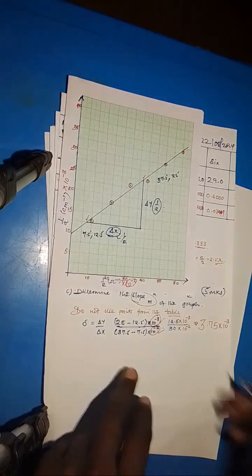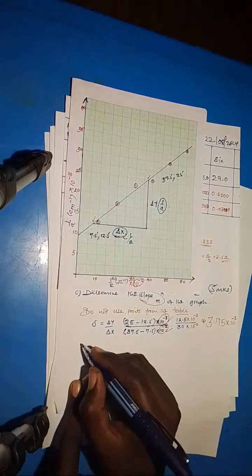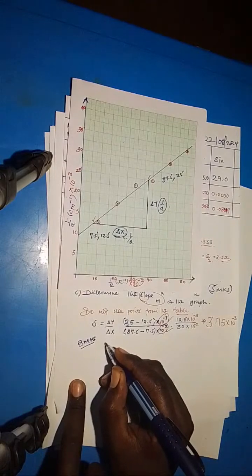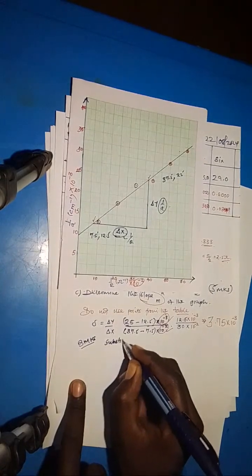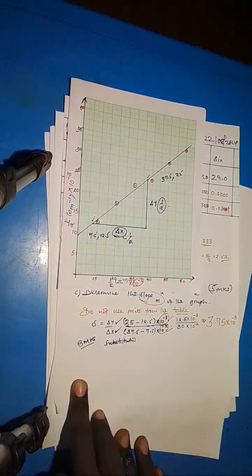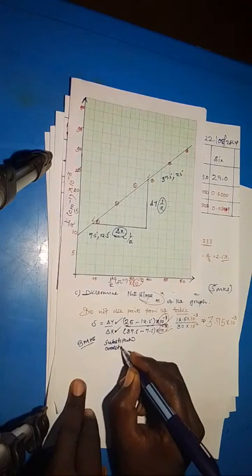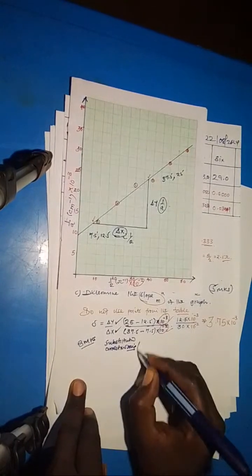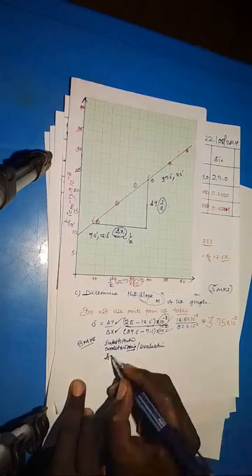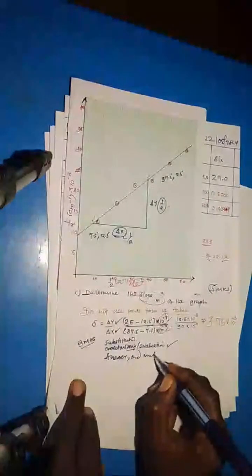Then this is not the end. Remember, this one is awarded 3 marks. You can have substitution at half, correct substitution for x, another half, correct evaluation plus the answer. This is another mark.